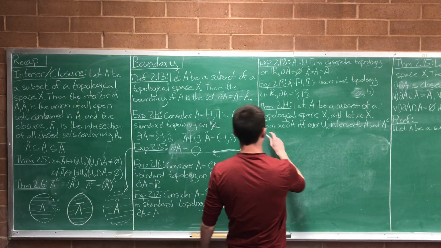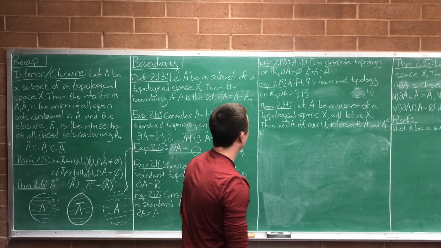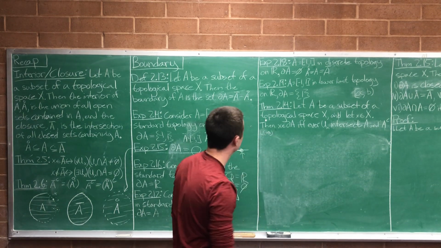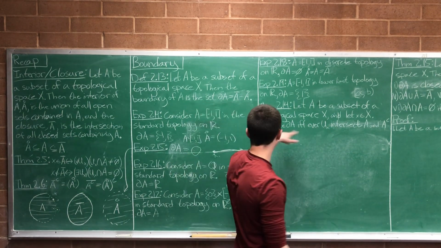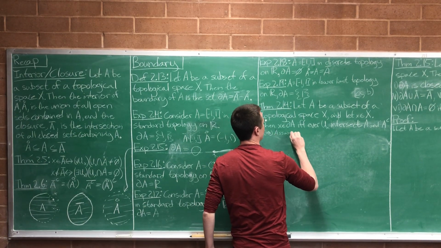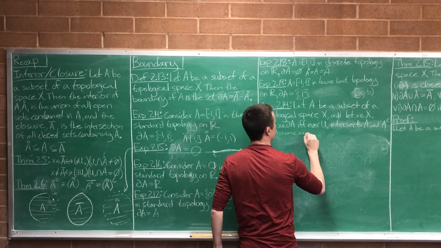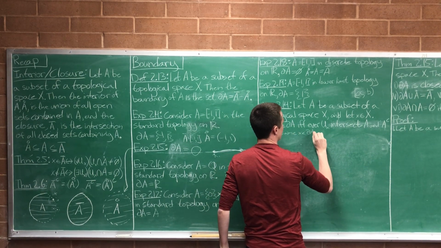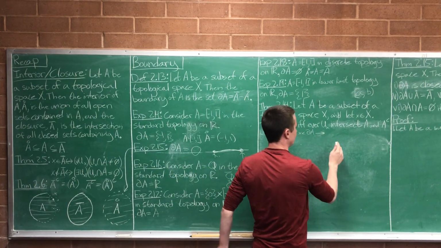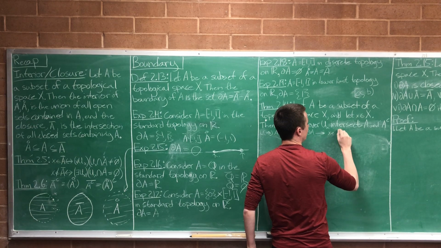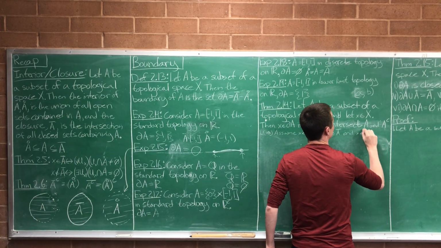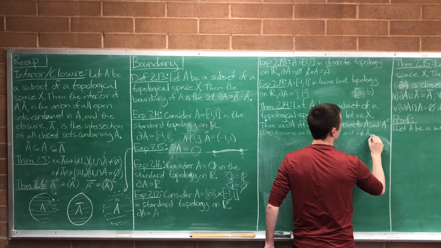So let's see how we want to start. We'll go this way first. So assume X is in the boundary. Which gives me that, just like we have it explicitly, we know that X is in the closure and X is not in A's interior, right?